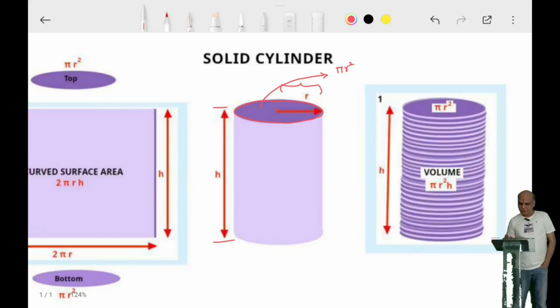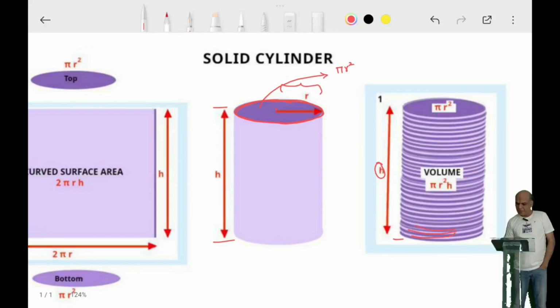Now, to generate the volume of this solid cylinder, we need to stack infinitesimally thin such circles and stack them one above another to build the height h. That means this pi r square area, you have to stack one above another like this, 1, 2, until you build the height of the cylinder.